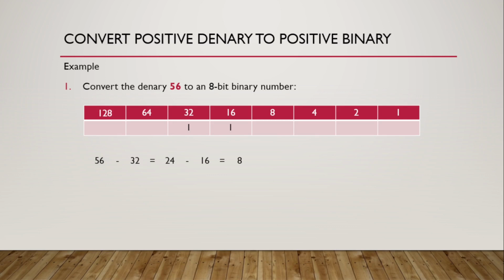We compare with 8 and we have 8. We fill the rest with zeros because we do not have any other thing other than 0. Hence, 56 denary is equivalent to the binary 00111000.